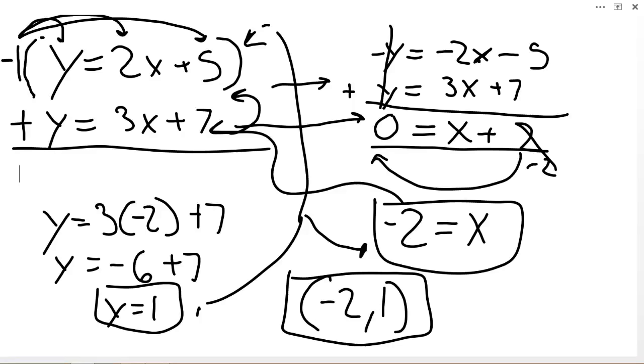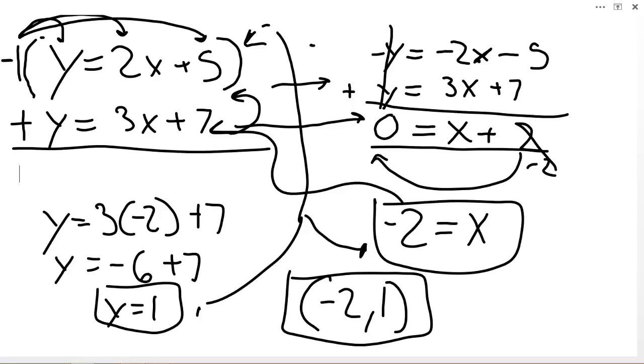In our problem, we multiplied -1 into the whole first equation because we wanted to cancel out y, right? We could have just multiplied the -1 into the second equation. That would have worked perfectly too. You could choose any one. Just be consistent with your math. Like I said, there's really no right or wrong answer.